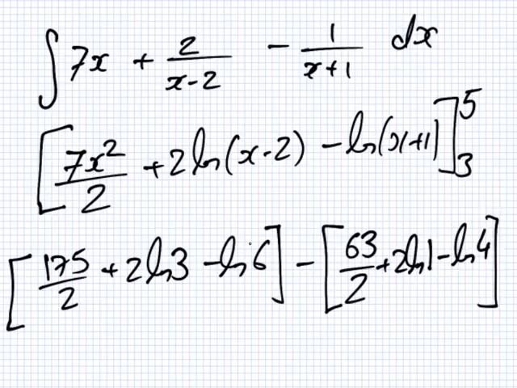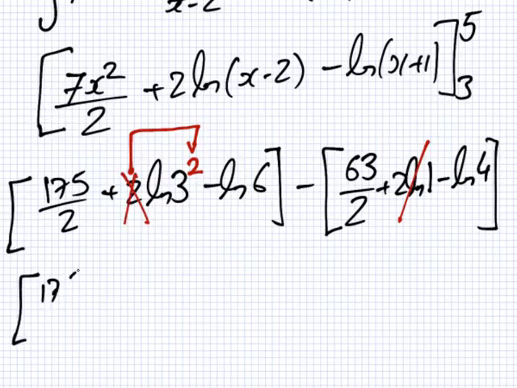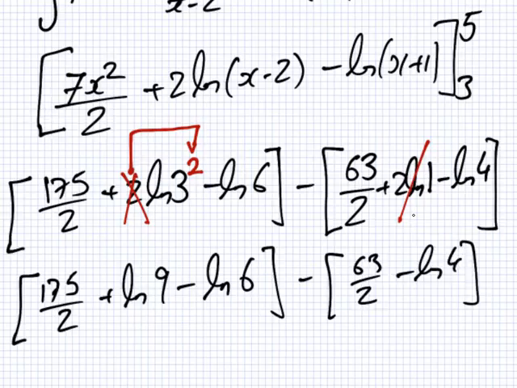Now, what's log 1? 0. What can I do with this 2 here? I can bring it up to the power here. So I'm left with 175 over 2 plus log 9 minus log 6 minus 63 over 2 minus log 4.